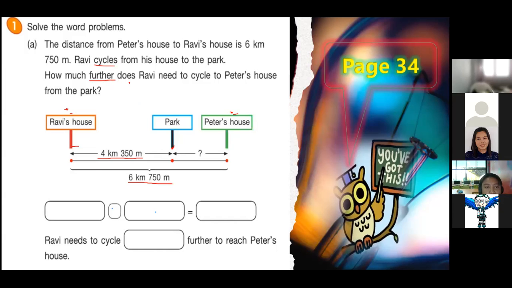So how much farther does Ravi need to cycle to Peter's house from the park? So look at here, can you see the question? This is the question mark. So Ravi used bicycle going to the park. Ravi stopped at the park, and now Ravi will go again to Peter's house.